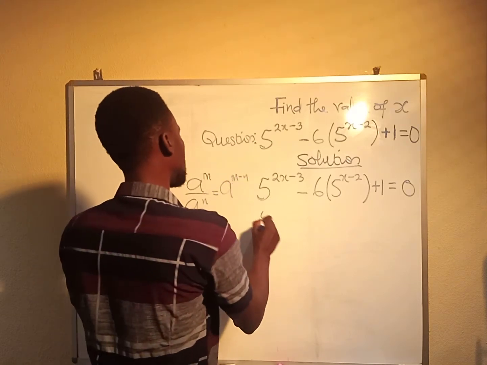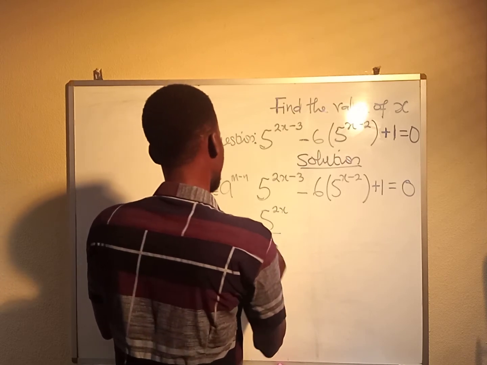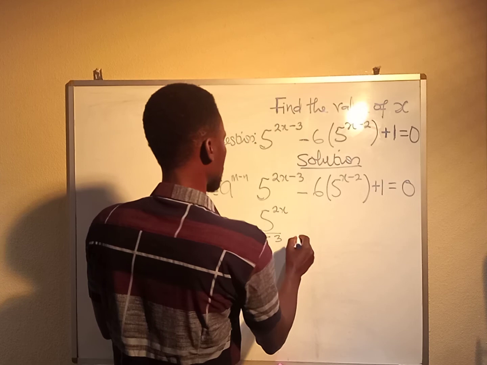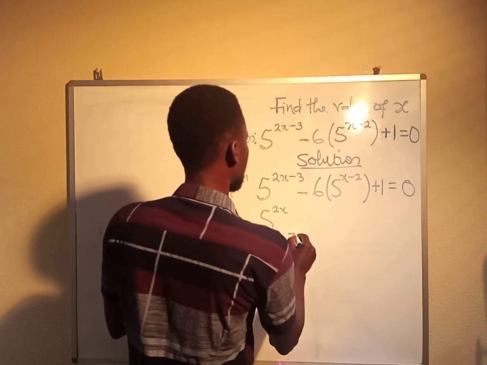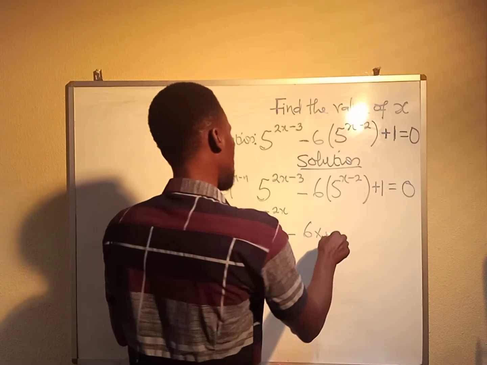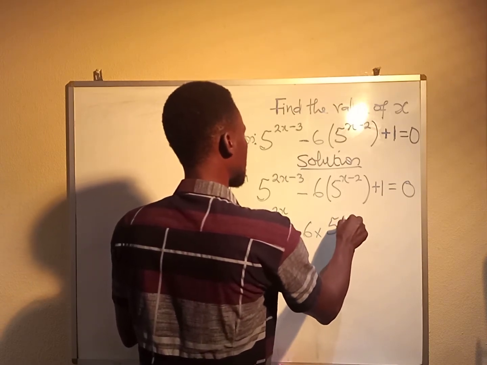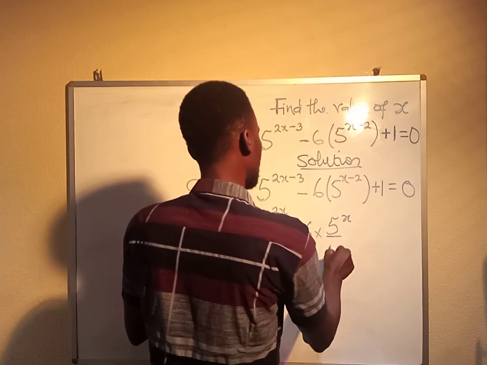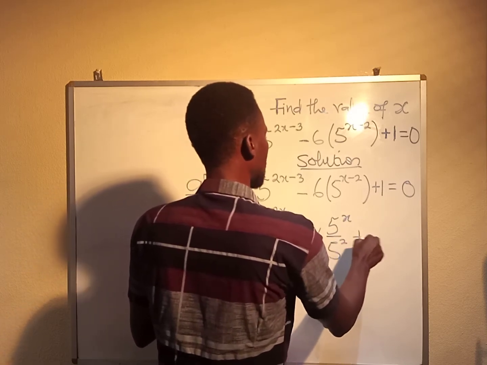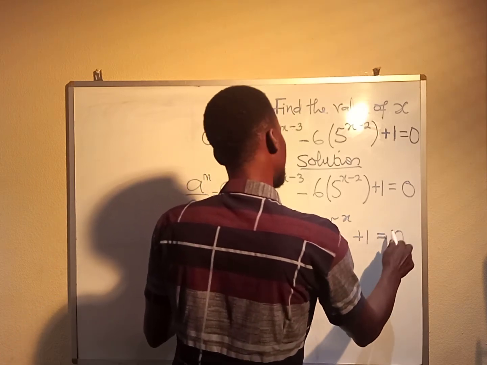This can be rewritten as 5 raised to the power 2x all over 5 raised to the power 3, minus 6 multiplying 5 raised to the power x all over 5 raised to the power 2, plus 1. This is equal to 0. So this is what we have.